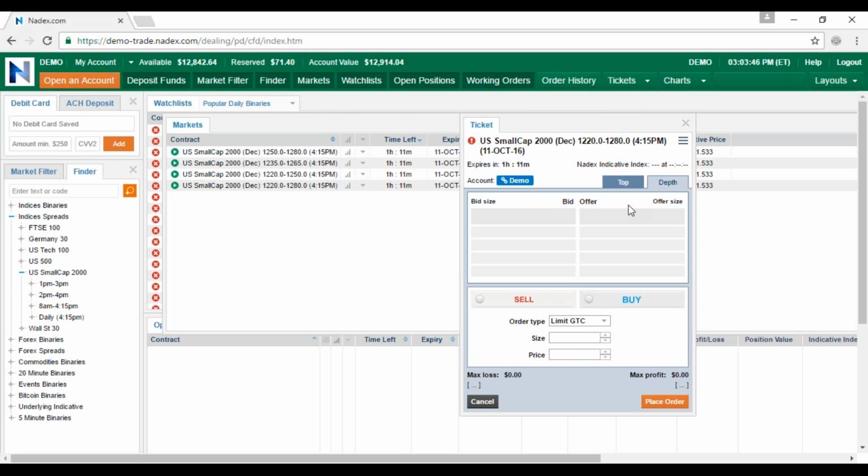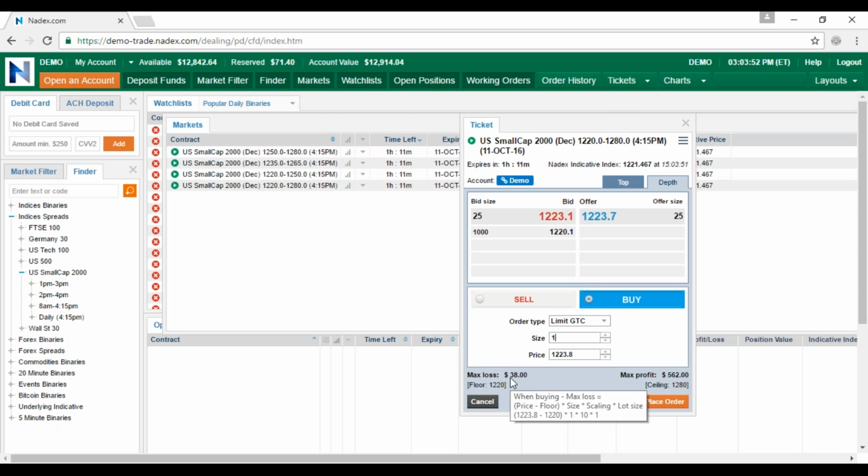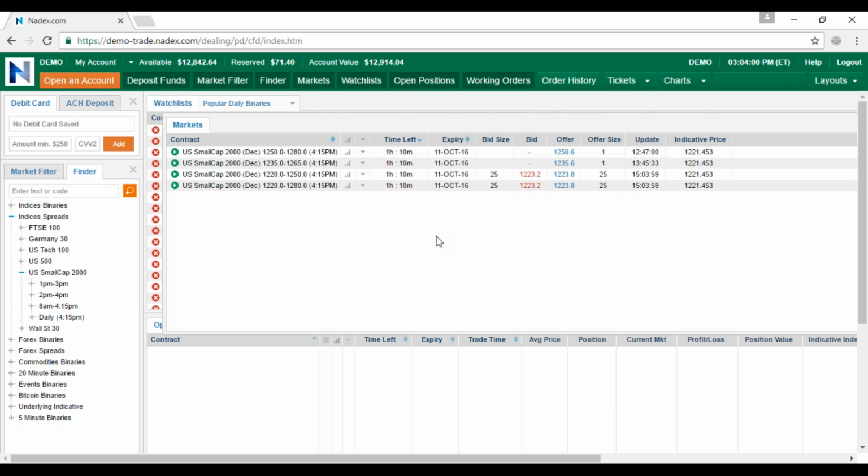Okay, what are my options on this spread? If I want to buy this spread, buy one, ooh, I've got to put up $38. I think I'm going to go with the $6 spread because I only want to put up that much, right? How many of you have ever done that? Picked your spread completely based on how much money you had to put up to get in the trade.